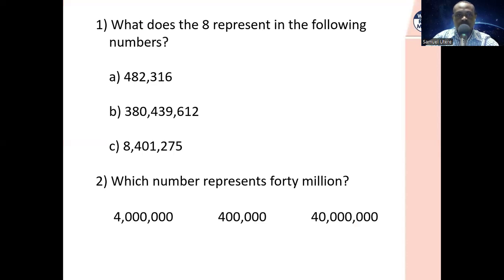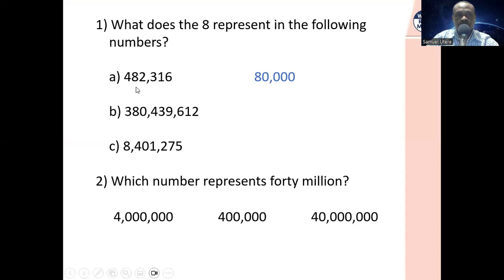If you have paused the video and you've worked through the questions, here are the answers. We will discuss them. For the first question, you were asked, what does the 8 represent in the following numbers? The 8 represents 80,000.